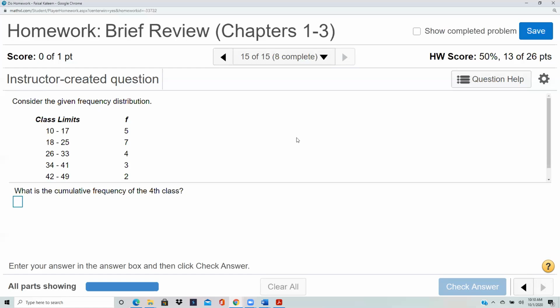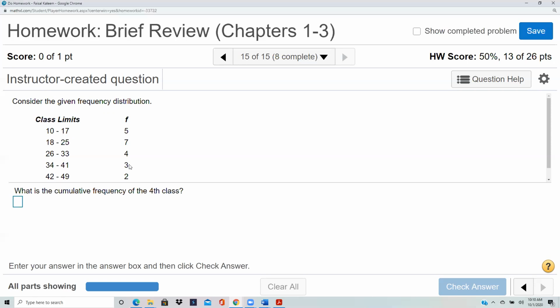Right. So in the cumulative, you keep adding till you reach that class. Keep accumulating from the beginning up to that class. So 1, 2, 3, 4. So we'd stop at the third.